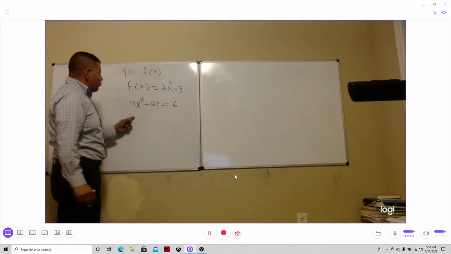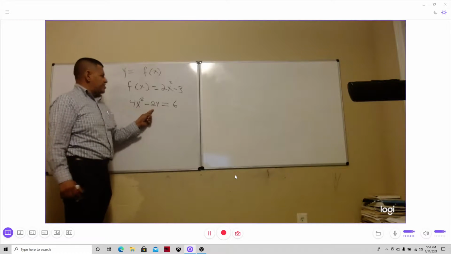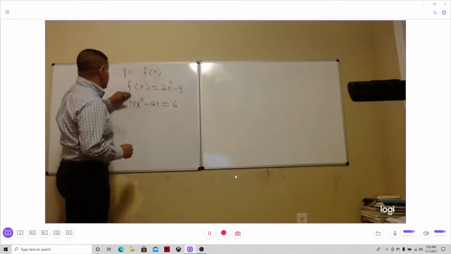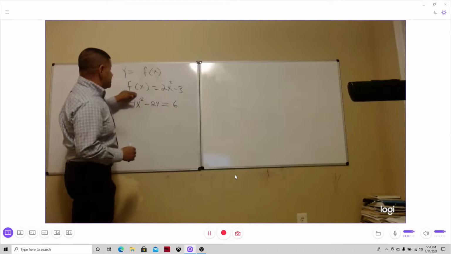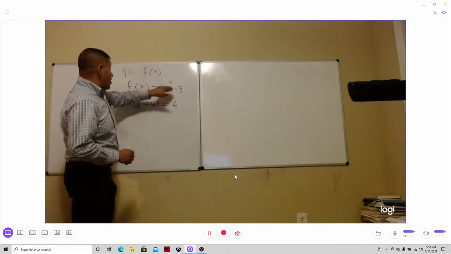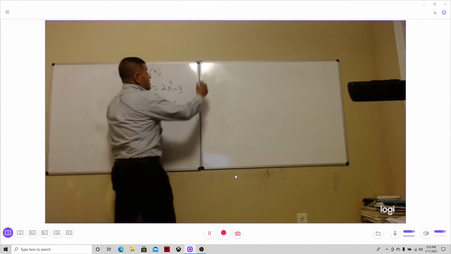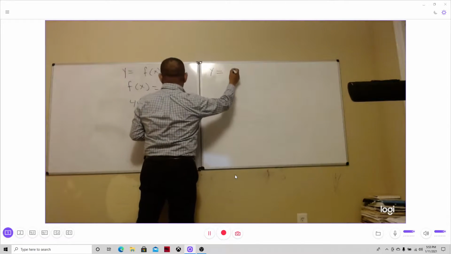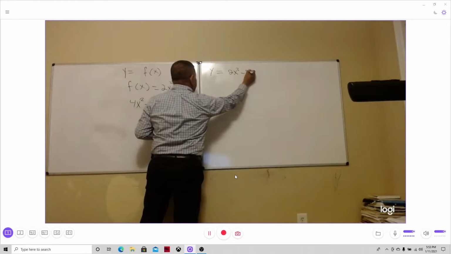Let's say that we want to solve for y in this equation. If f of x is equal to 2x squared minus 3, that means that y is equal to 2x squared minus 3.